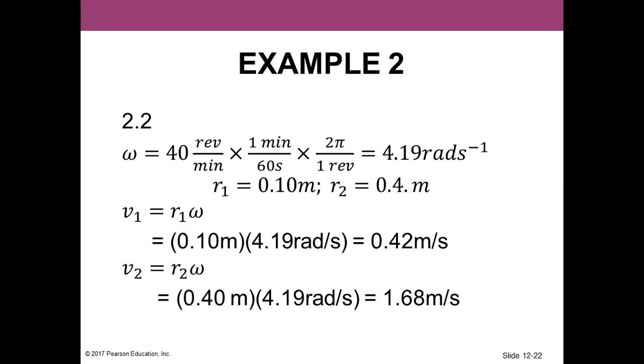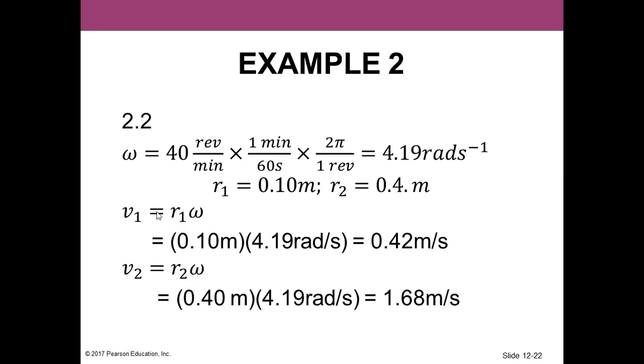To get the radius for the second one, we subtract 0.1 from 0.5 to get R2. This one is also rotating about the center of mass, so the radius is 0.4 meters.